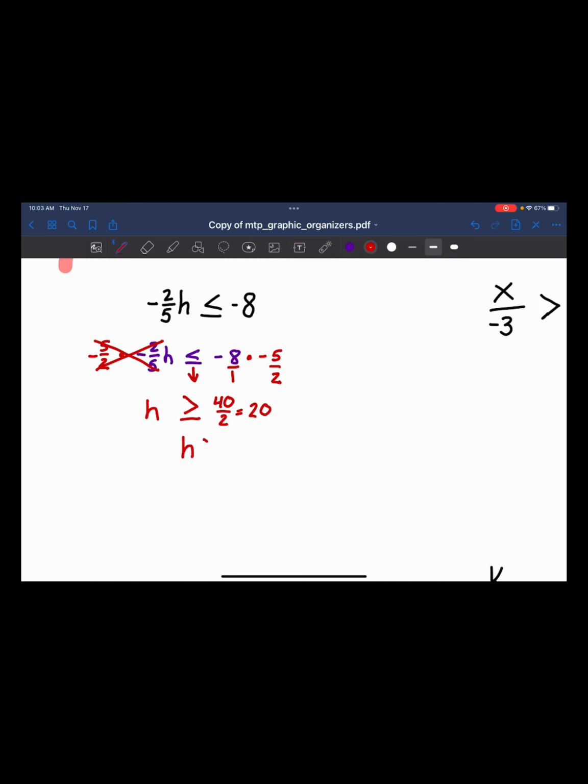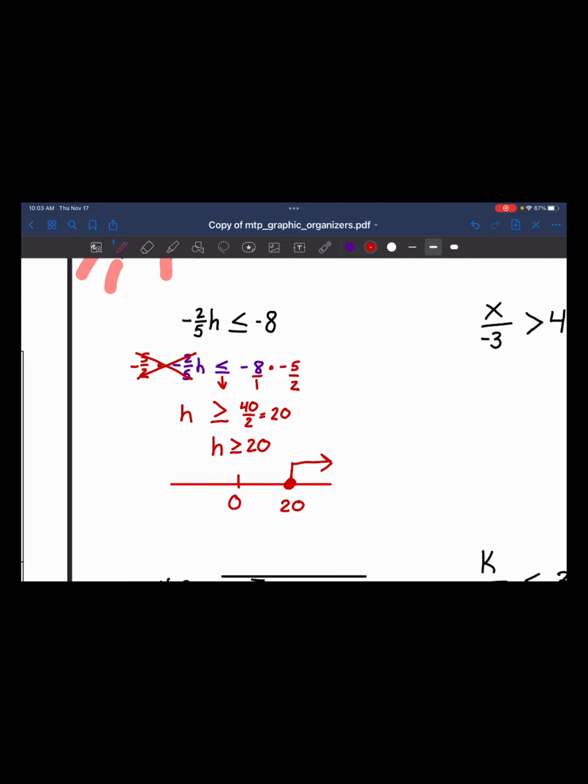It's h is greater than or equal to 20. Now we're going to go ahead and graph. This will be a closed circle because it's or equal to. And if we read it from the variable, it says h is bigger than 20, which means it's going to be anything this way. H is bigger.